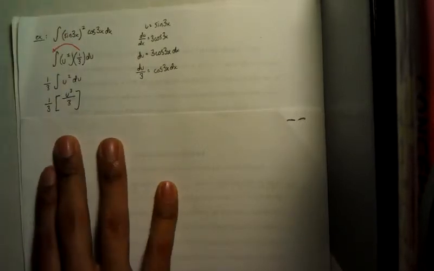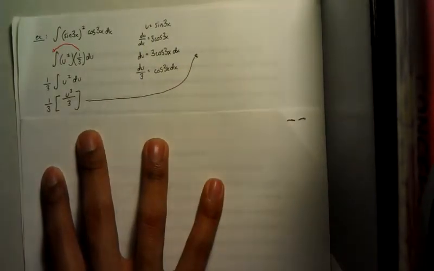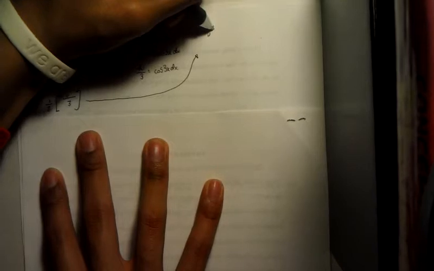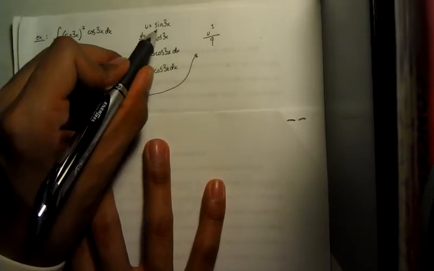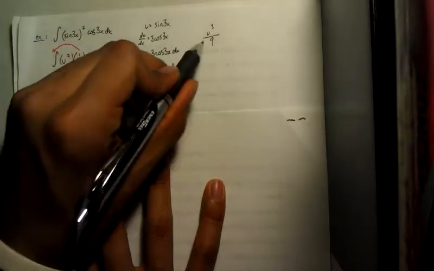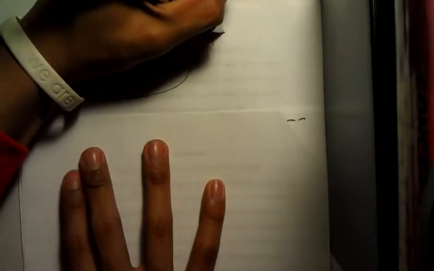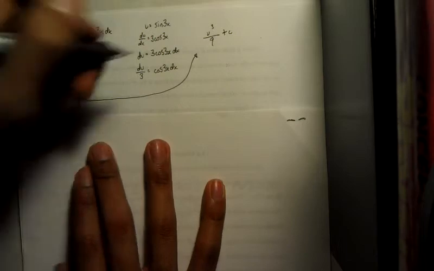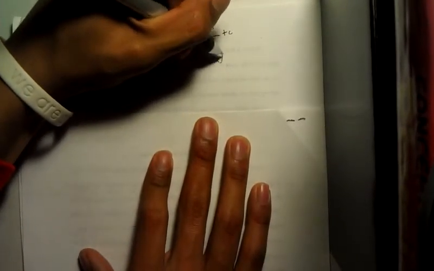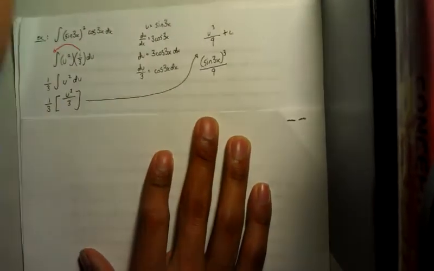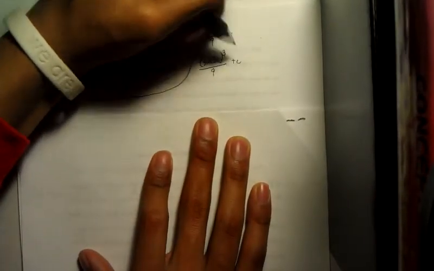So u to the third over 3. That becomes, if you multiply across, u to the third over 9. Plug this back into our u. Can't forget the plus c. And you get sine of 3x cubed over 9 plus c.